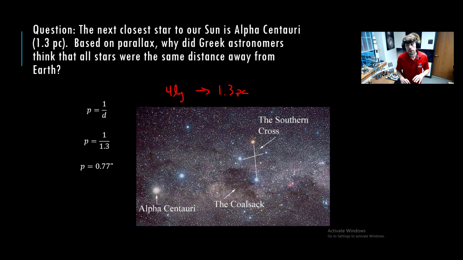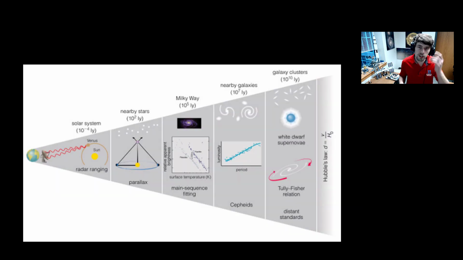Now, you might say, why, Greg, can't we use this? Why do we need those other distance measurement techniques? And you already know the answer to that one as well. As your thumb gets further and further away from your face, you'll notice that the parallax angle gets smaller. There is some distance beyond which you will not be able to perceive that parallax angle anymore.